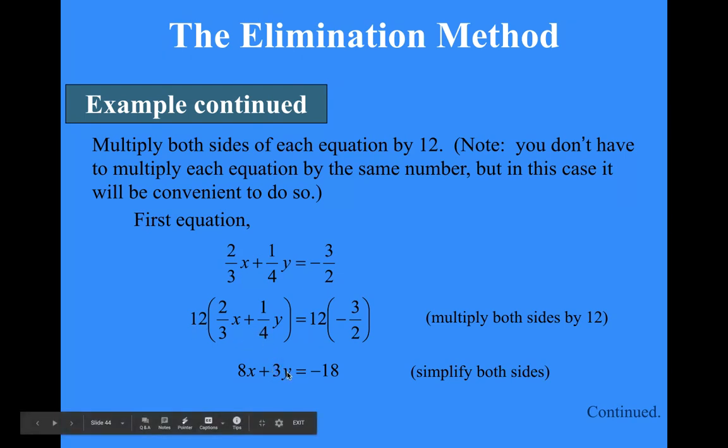I get 3y equals 12 divided by 2 is 6. 6 times negative 3 is negative 18. Okay, so my new equation now becomes 8x plus 3y equals negative 18. And these two equations are the same. This first one and this last one mean exactly the same thing.